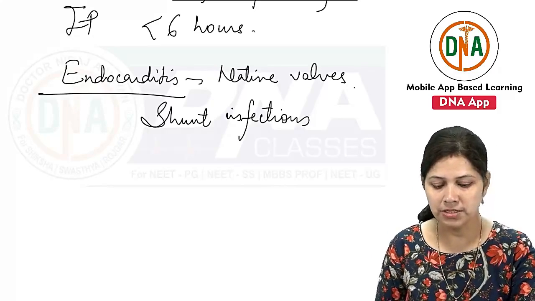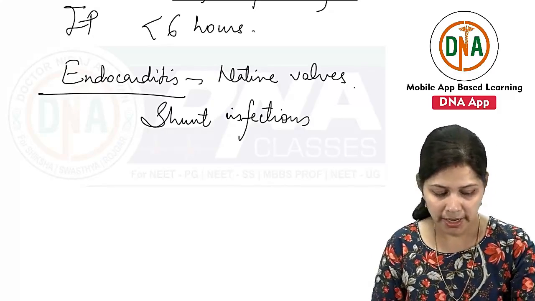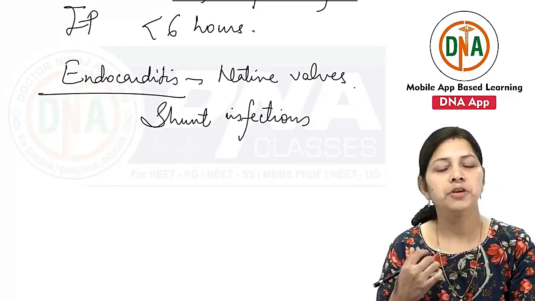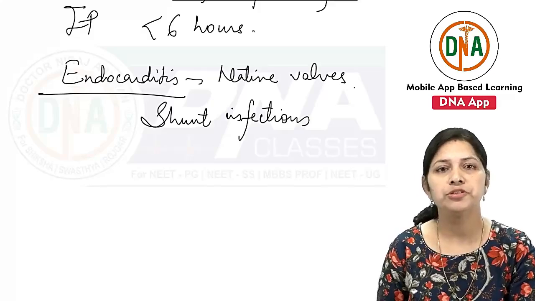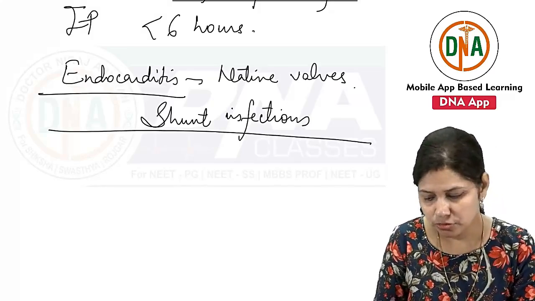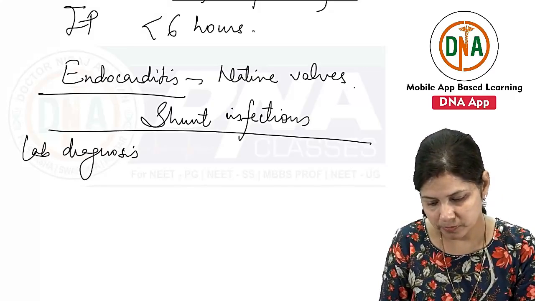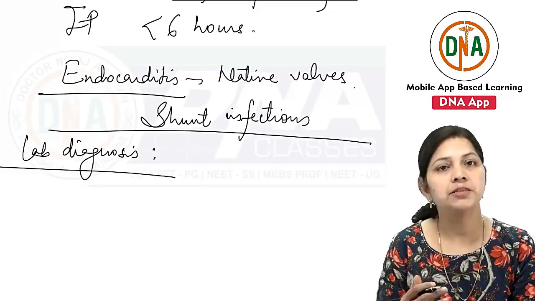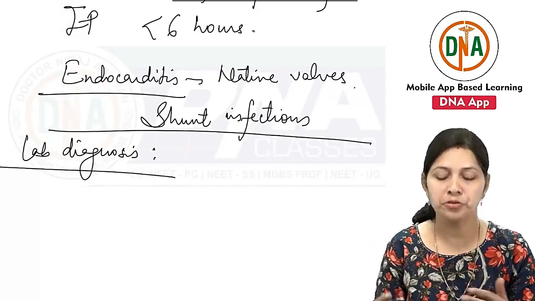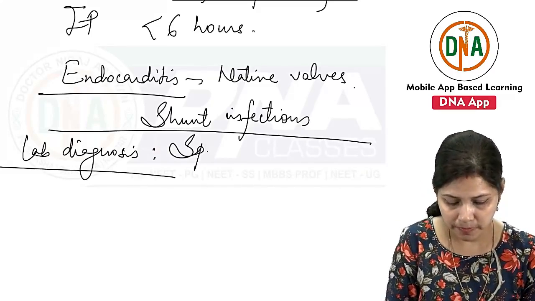As far as these infections are concerned, next we will see the various methods to diagnose the infections caused by Staphylococcus. So, coming to the lab diagnosis, which starts with the procurement of the relevant specimens.